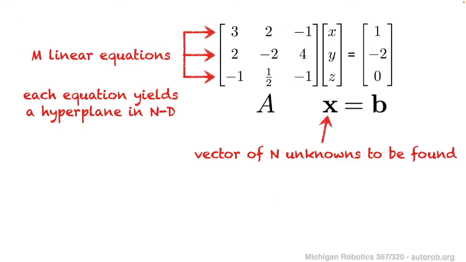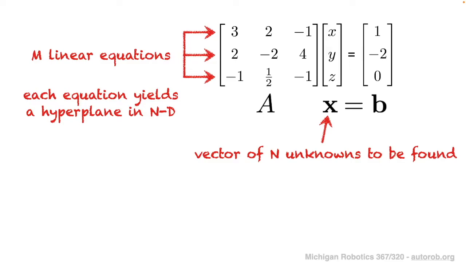The way to read it is we have this matrix A, and you can think about each row of the matrix A as defining one linear equation. The vector x describes our set of n unknown parameters which we want to solve for.